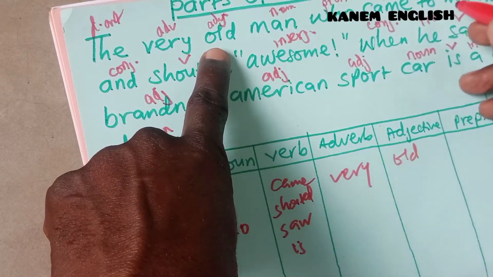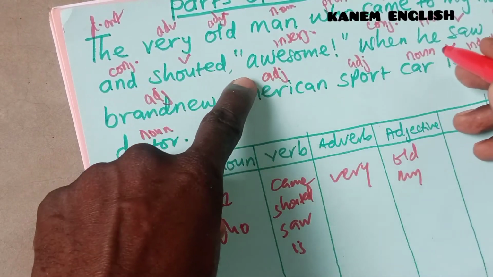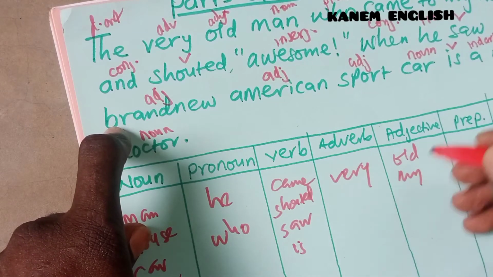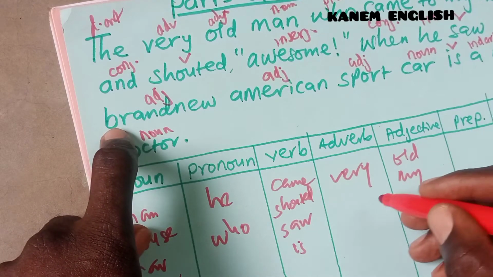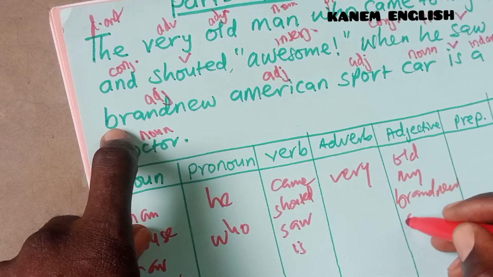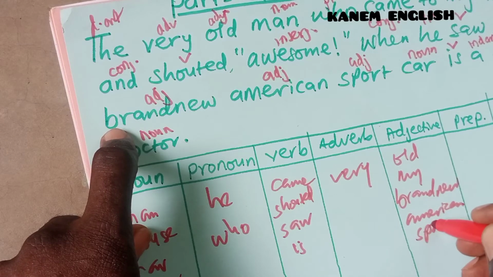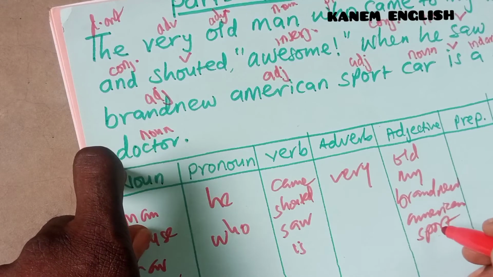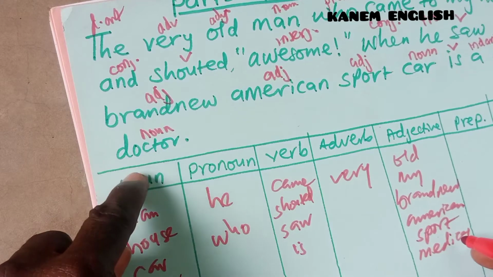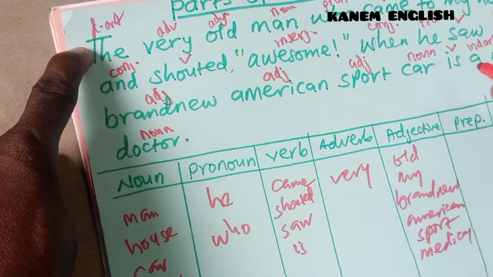Adjective, we have old. And then we have my. So my brand new, so even my, we have mentioned it before, so this my is also adjective. Then brand new, then American, then sport, then medical, then we also have these two, the definite article and the indefinite article.